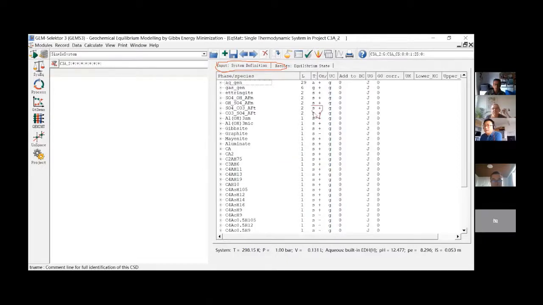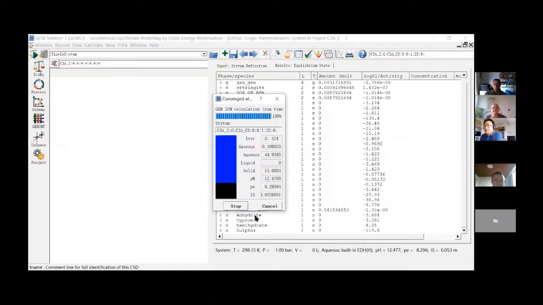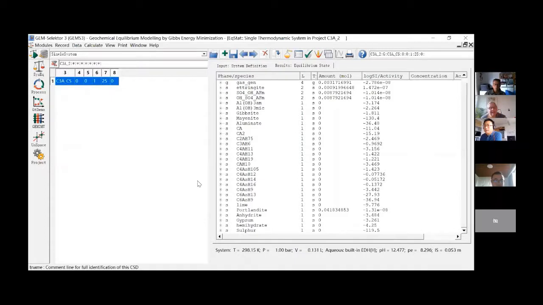It's these two, the sulfate carbonate AFT. Make it to a zero, to a minus, sorry. And then you press the green one again to check, and then you press the red one. If we have problems, then it's often the carbonate AFM phases.